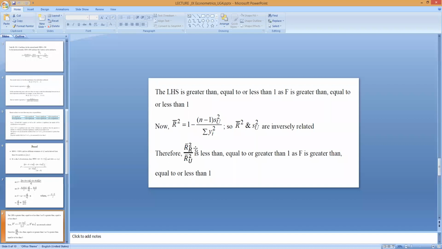Number 1: RR bar square is less than RU bar square, as F is greater than 1.